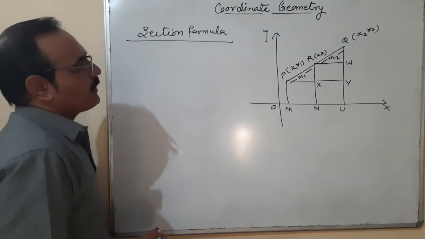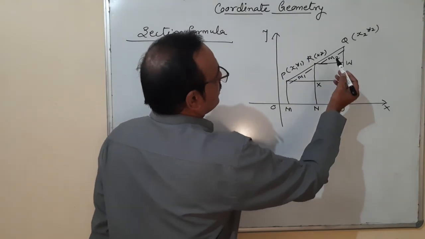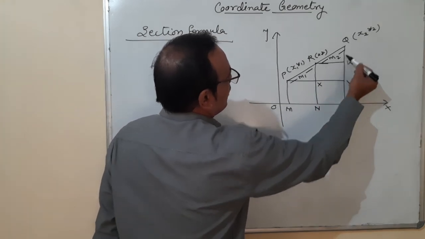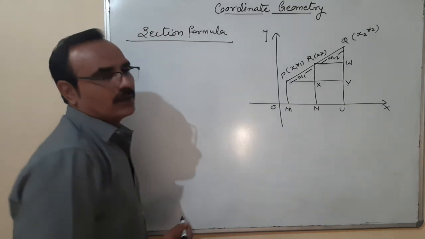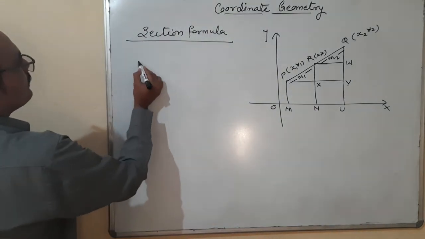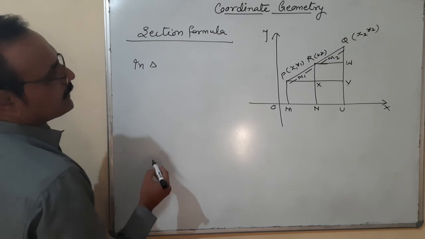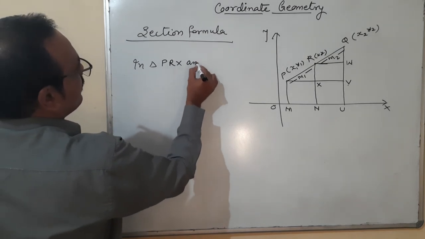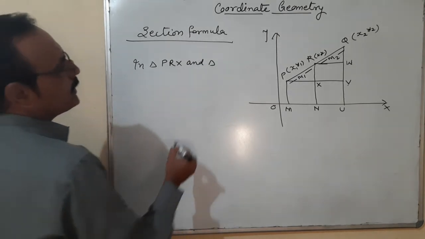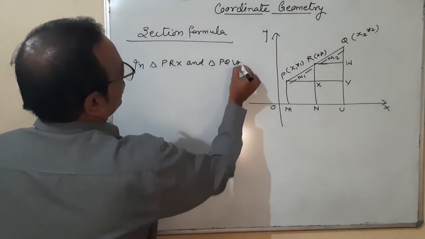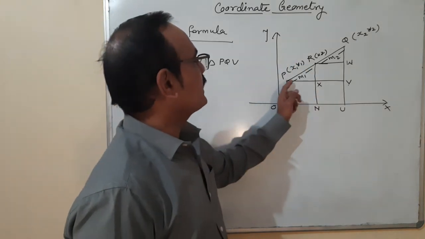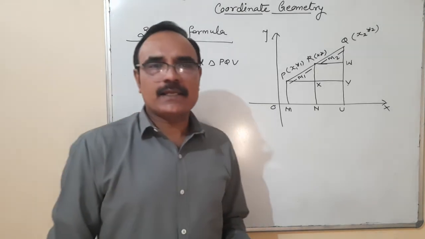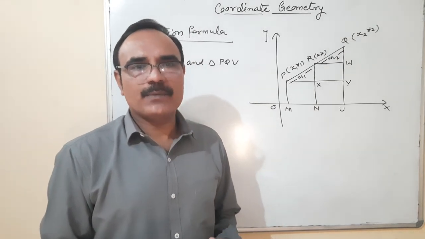Now let us see the triangles. One triangle is this one, and the second triangle is this entire triangle: triangle PRX and triangle PQV. Are you aware of the angle-angle similarity?